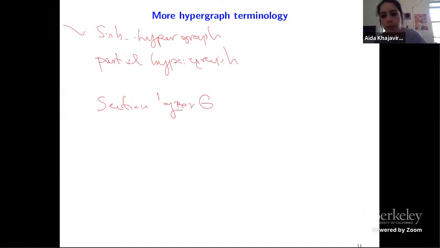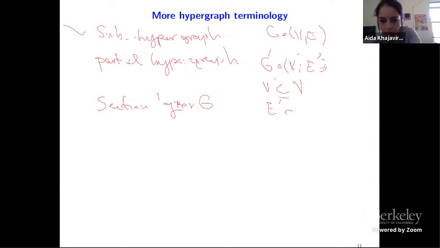So what's a partial hypergraph? If I have a hypergraph G with V and E, then G prime, with nodes V prime and E prime, is a partial hypergraph of G if V prime is a subset of V and E prime is a subset of E.